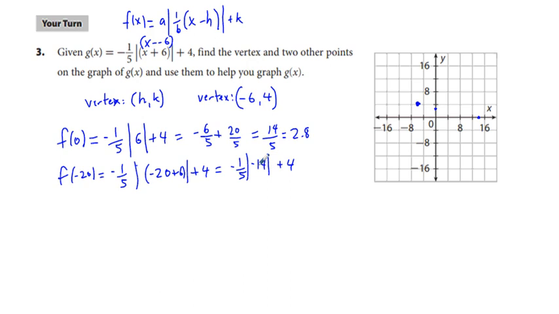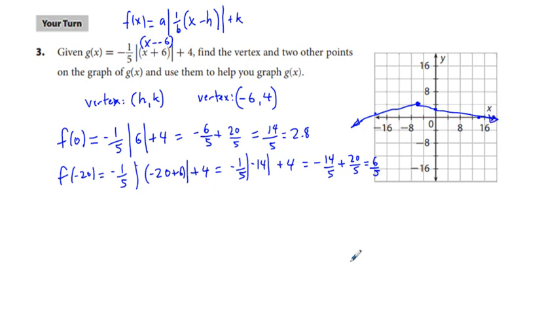Well, this negative 14 is going to be positive 14, so we have negative 14/5 plus 20/5, so that's equal to 6/5 at f of negative 20. Well, here's f of negative 20. We have 6/5, which is 1.2, so it's going to be about right here. So this is what the thing's going to look like. Not too pretty, but that's what it's going to look like.